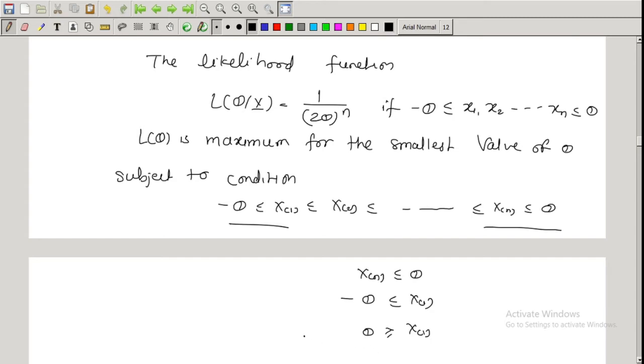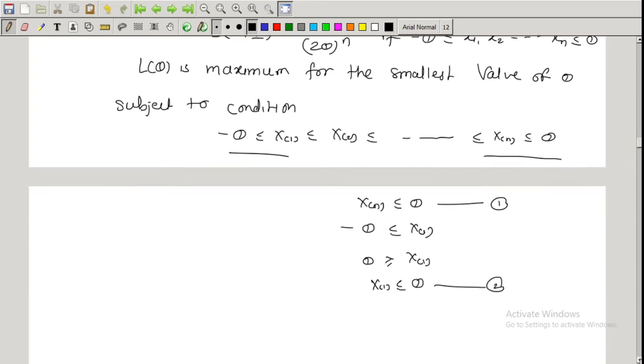So this is my equation number 1, this is my equation number 2. So from 1 and 2, x order n is less than equal to theta or minus x order 1 is less than equal to theta means what? From this I can write maximum of these two is less than equal to theta.